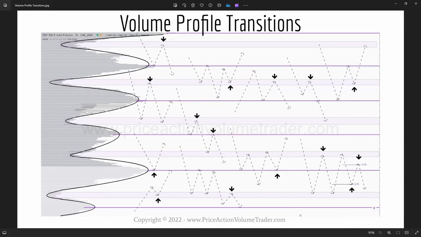So this is a template for how we can expect prices to move within the volume profile, within the high volume nodes, which are these areas in black, obviously, and then the low volume nodes, which are these little purple highlighted areas where volumes are cut.